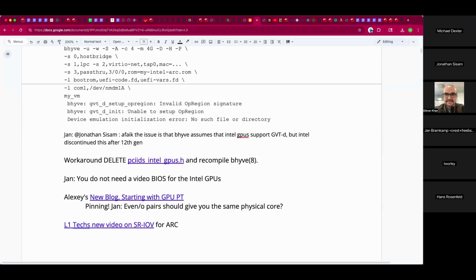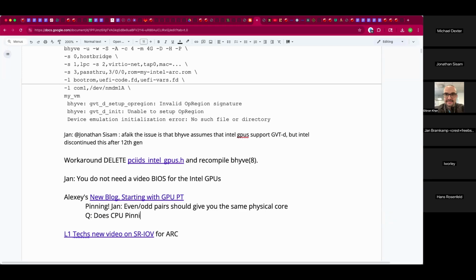Yes, Levi. Question, hopefully that's easy. I know Intel has the E-cores and P-cores. Does CPU pinning allow us to get around that? Yes, because on a specific system there's a split, and one set of cores, the lower or higher, is the P cores, and the other is the E cores.